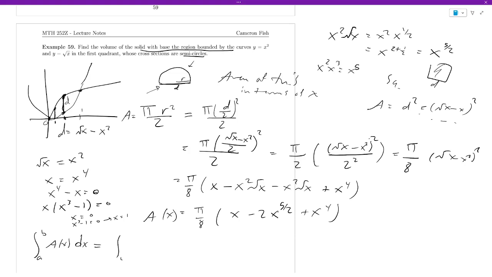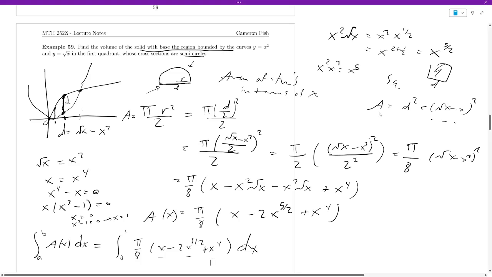So we're going to get from 0 to 1, and we have our function. And this is an integral that you can do. It's actually pretty straightforward because you just power rule, right? I can power rule each of these parts, and it'll be fine.